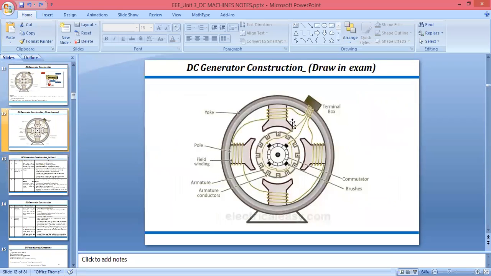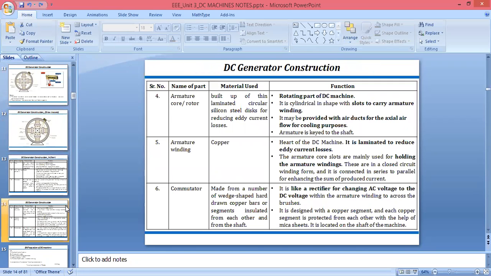You can see these poles are interconnected with each other. Whenever magnetic flux is generated by the field winding of the pole, it spreads that magnetic flux to the air gap on the commutator, because by using the DC generator we have to create the EMF.